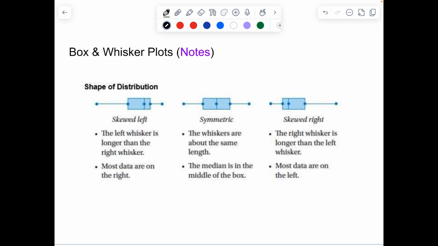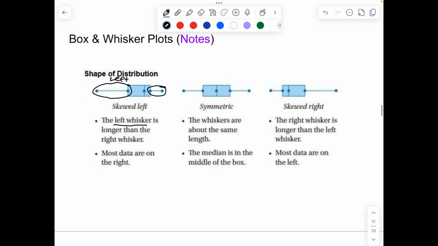If we have skewed left, that means the left whisker is longer than the right whisker. So this whisker is longer than this whisker. So it's skewed left. That's because we have a larger range of data on the left side than on the right side.